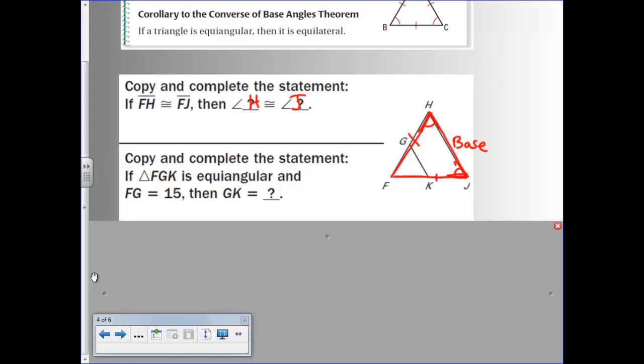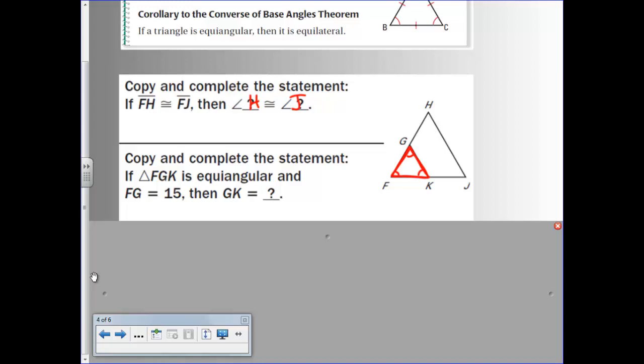Down here, if triangle FGK is equiangular, so I'm going to erase all this. What am I talking about? FGK. So I'm just concerned with this triangle right here. If it's equiangular, mark it. What's equiangular look like? All three angles are the same measurement.